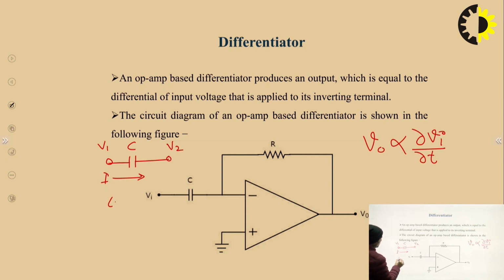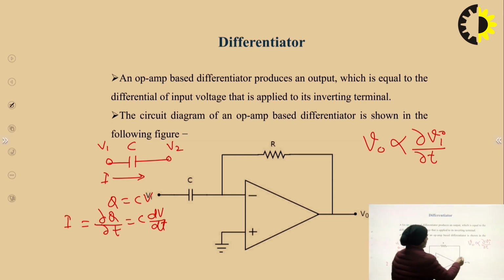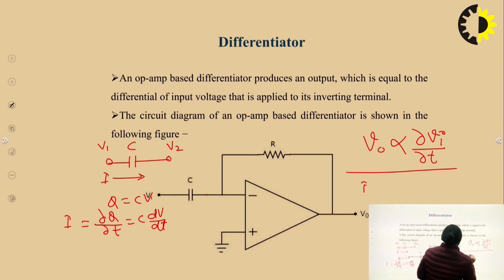Actually, you know, Q is equal to CV, where Q is the charge, C is the capacitance, and V is the applied voltage. So you can differentiate both these sides. dQ upon dt, C is constant, dV by dt. So you can write dQ by dt is equal to I. So here you can write I is equal to C dV by dt.